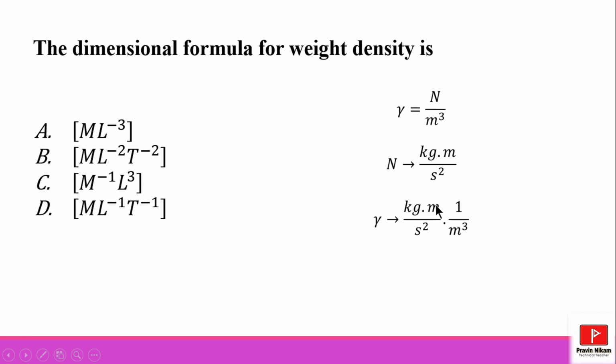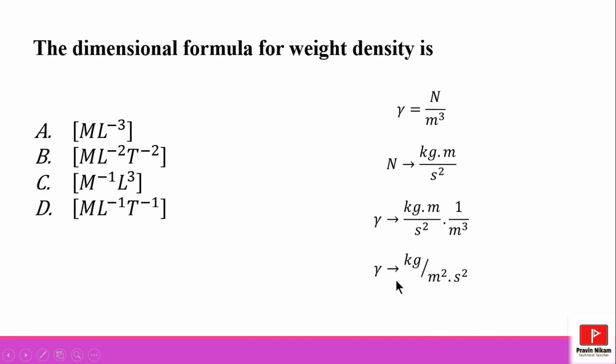So 1 meter gets cancelled with 1 meter from this meter cube. So what is remaining? Kg per meter square second square. Now this unit is converted into fundamental units. Now write the dimensional formula.